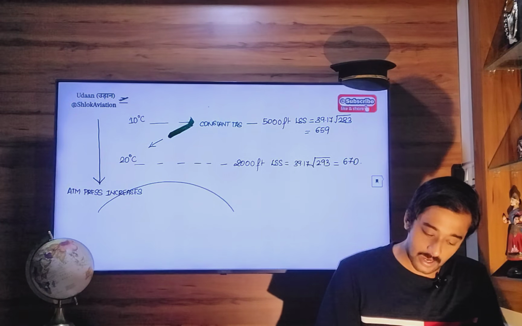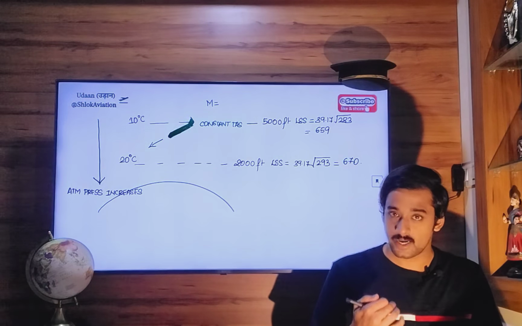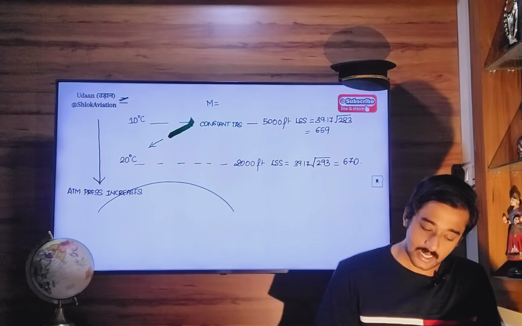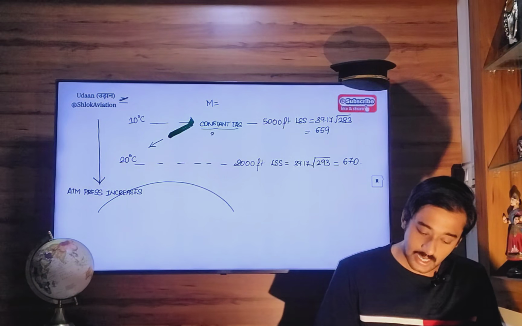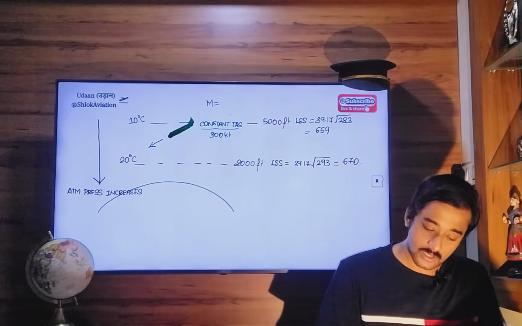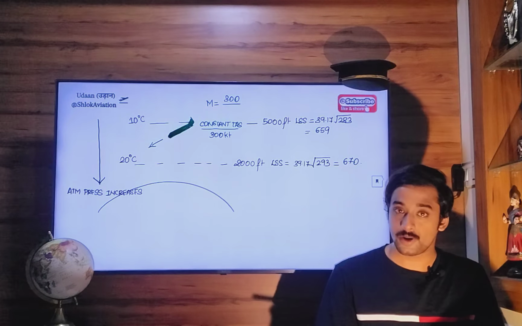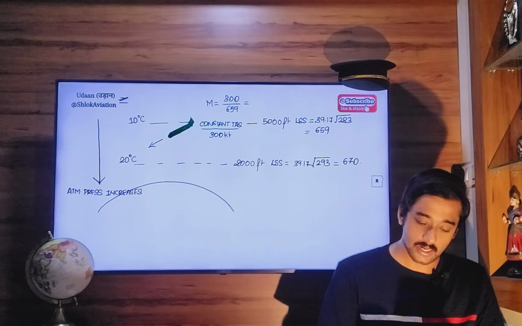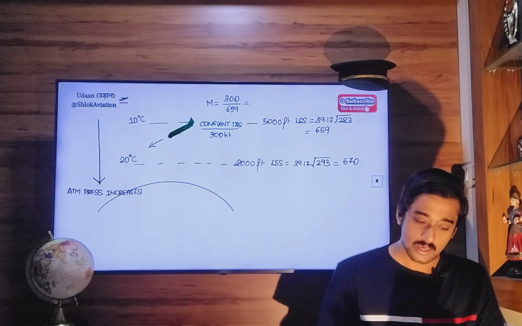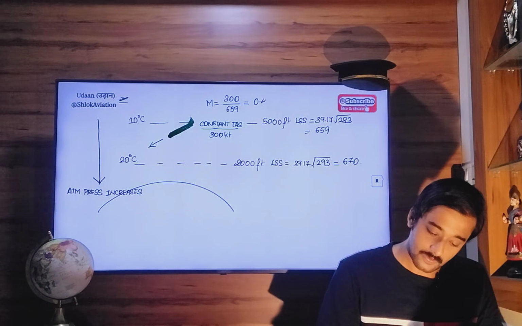Mach number at 5000 feet will be true airspeed divided by local speed of sound. You're descending at a constant true airspeed of, let's say, 300 knots. So 300 divided by the local speed of sound at 5000 feet, which is 659, is 0.45.